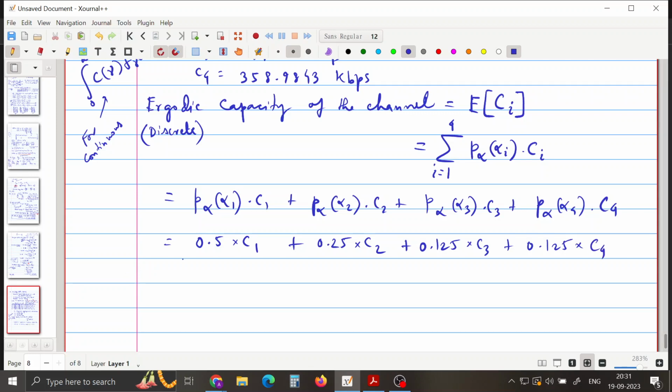Now you know C1, C2, C3, C4, just substitute that, and that gives you 276.62 kbps roughly.